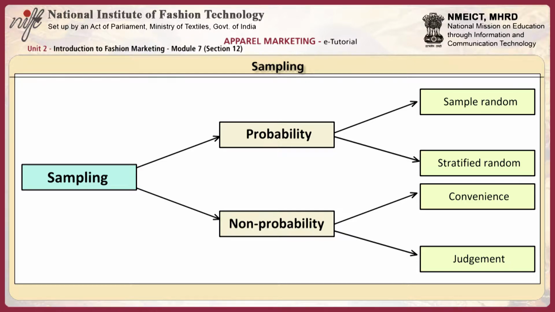Normally, there are two types of questions. One is closed ended, the other is open ended. In the beginning, the consumer should not be made to think by open ended questions.